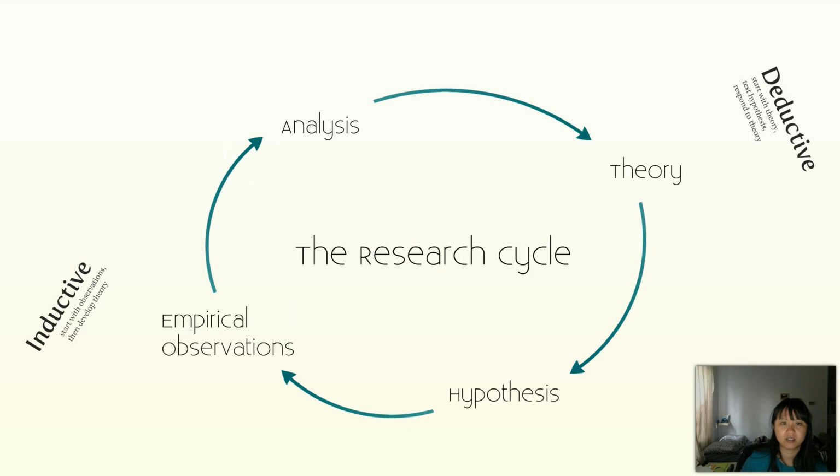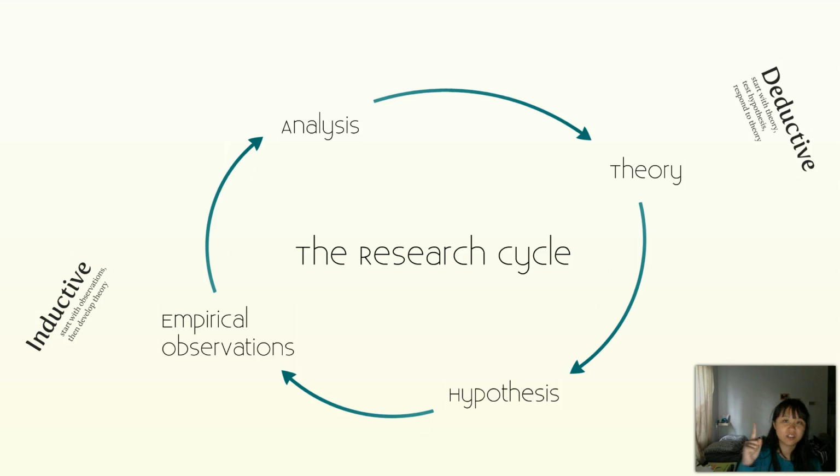In the research cycle, it is a circle, and there is no single starting point, because oftentimes you will go through the cycle more than one time in the process of doing a single research project. If you're deductive and you start with a theory and develop hypotheses, and then you do observations and analyze, you might find yourself observing things that prompt new theoretical questions.